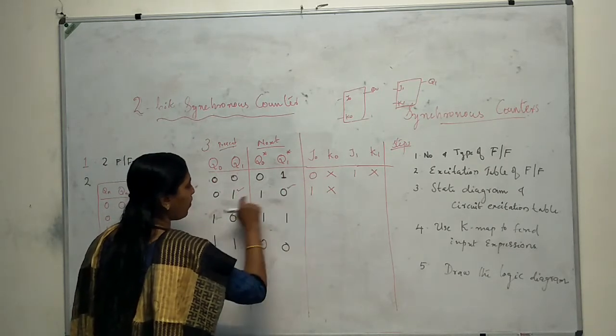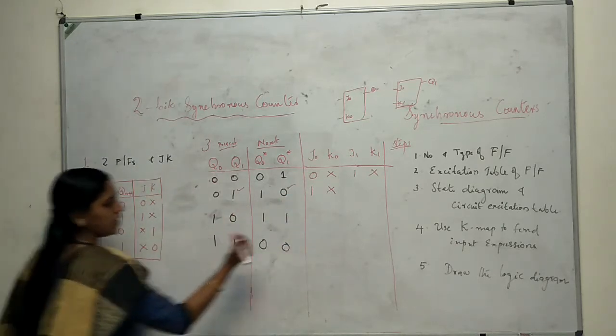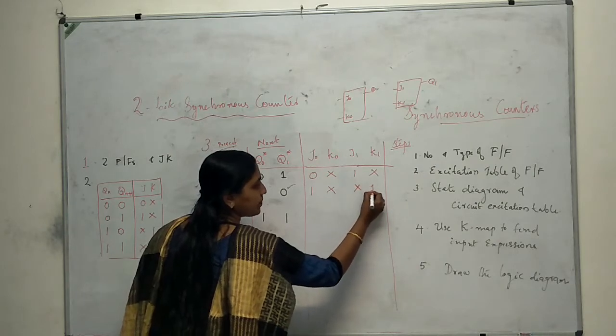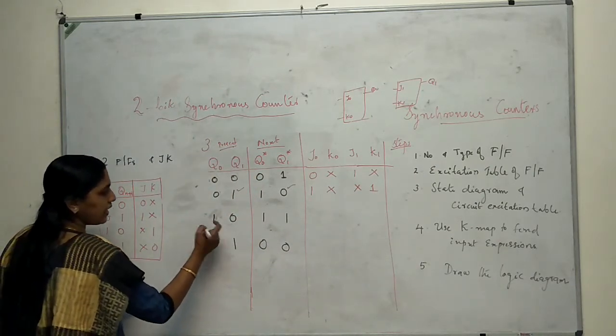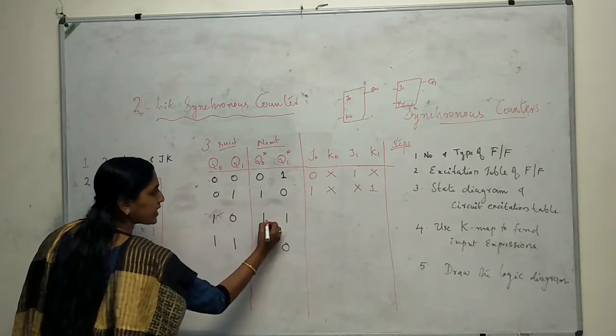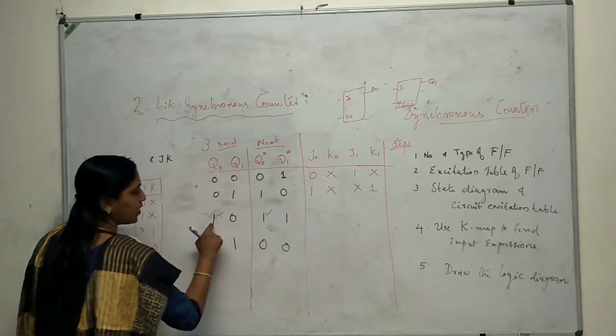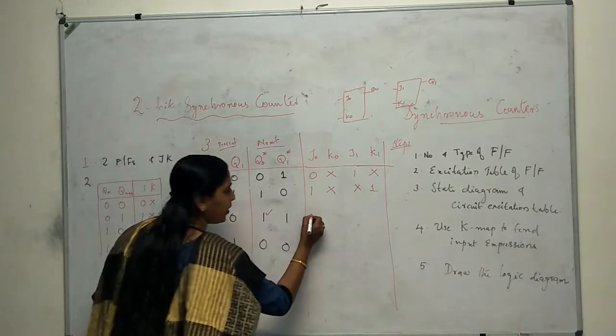Q1 star is 0. 1 to 0 is x1. So I will put x1 here. Now, what is next? Then current state is 1 and next state of Q0 is 1. So 1 to 1 means x0. So I will put x0 here.